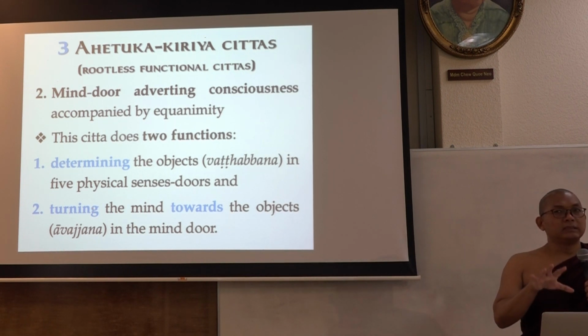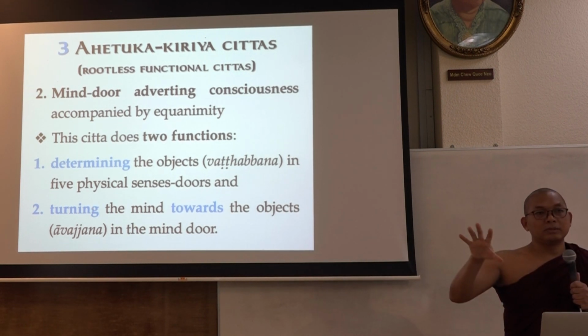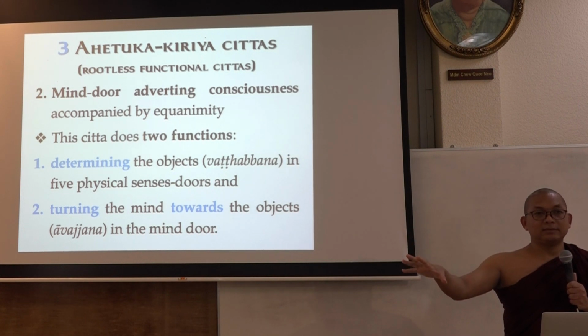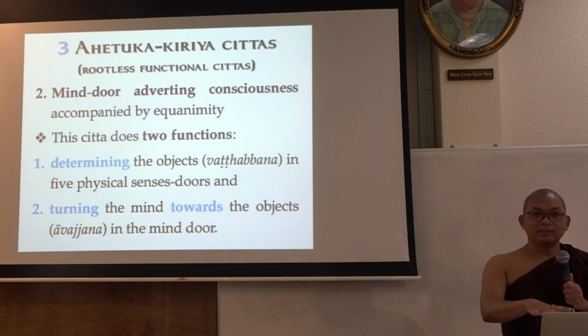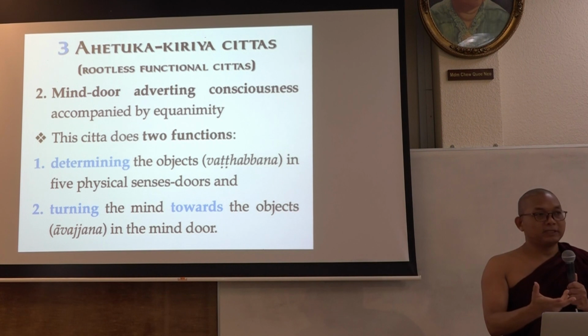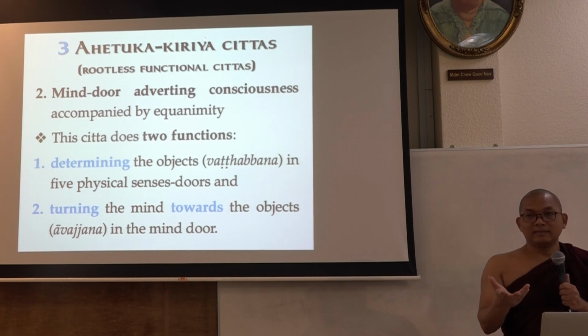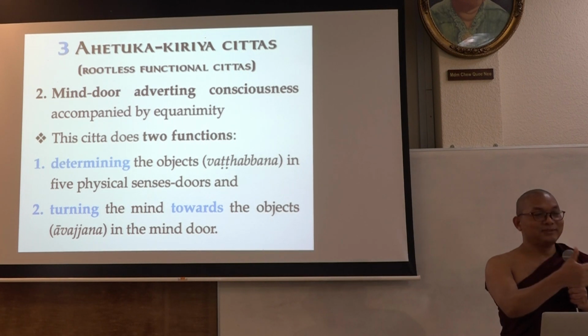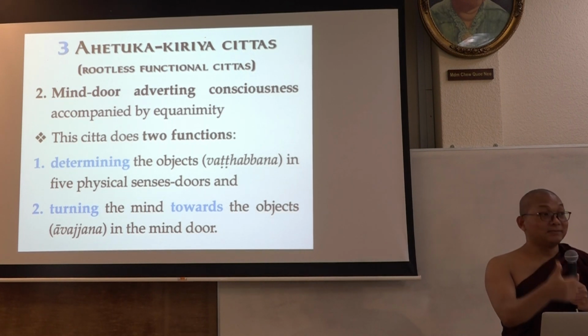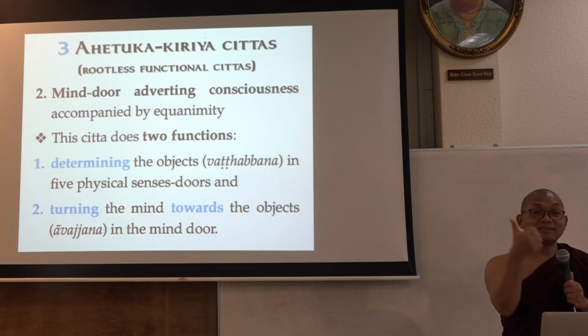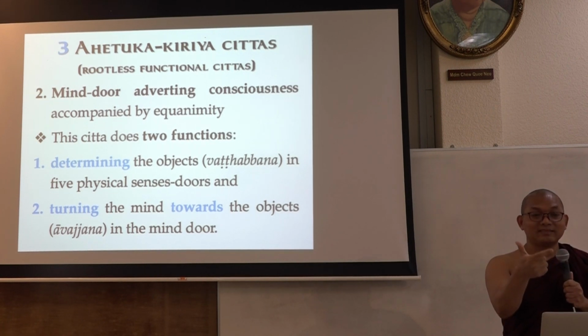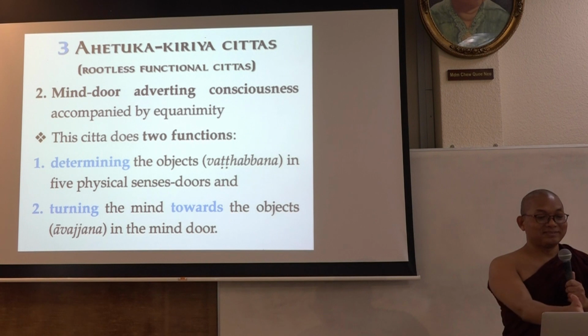So the mind turns to the object in the mind. Now you're listening to me, then you think about your family. Actually, in the normal sense, you think about it, right? Very easy. But according to Abhidhamma, it's very complicated. So you have your bhavanga vibrate, then arrest bhavanga, then mind door adverting.